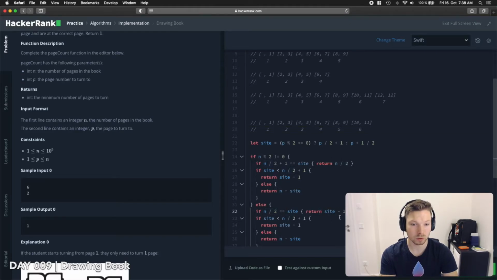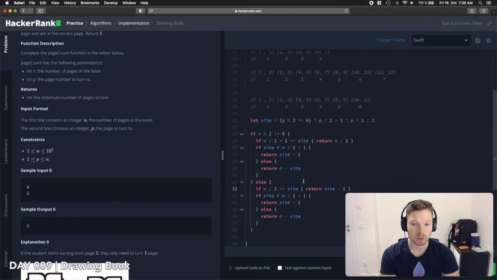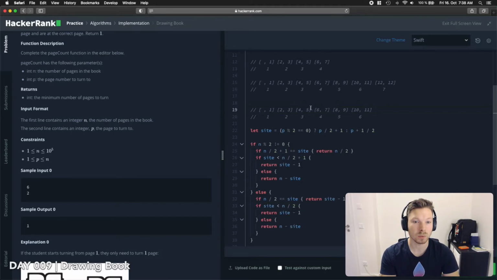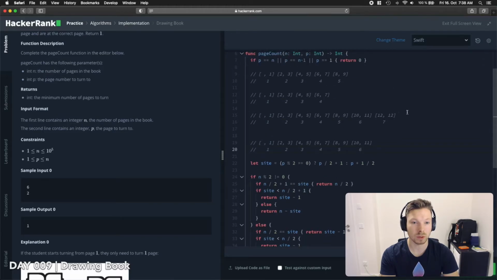If side is smaller than n divided by 2, if we're smaller than 3, then we're 2, for example. It's still side minus 1.